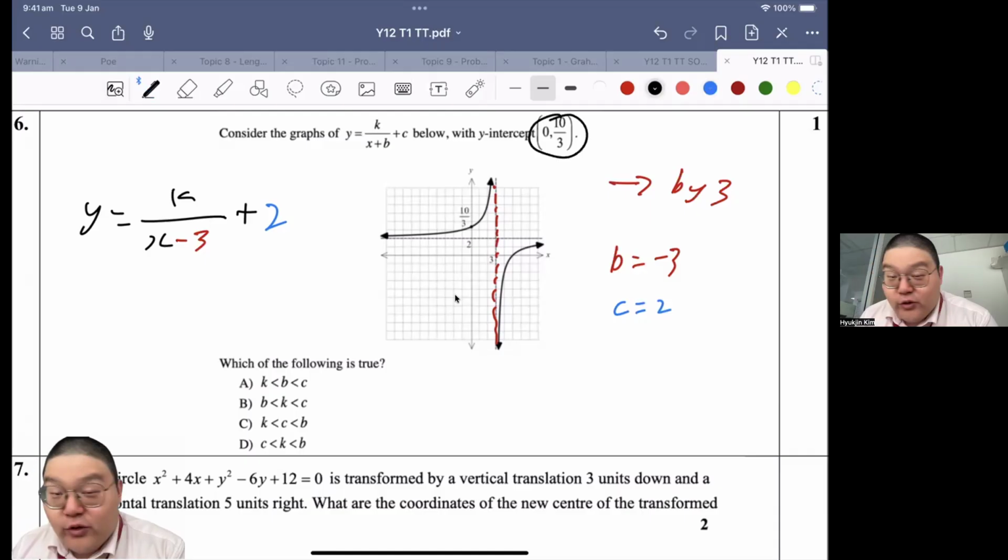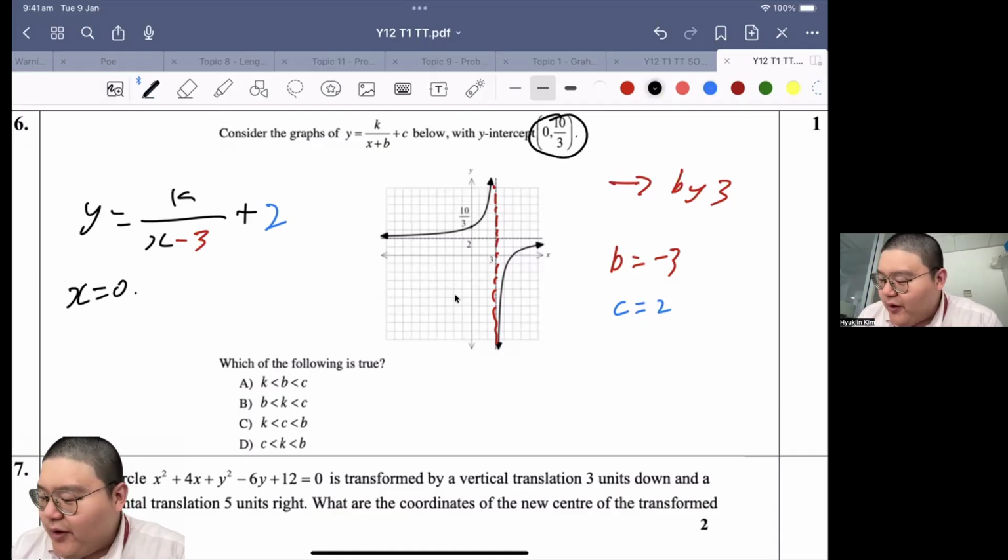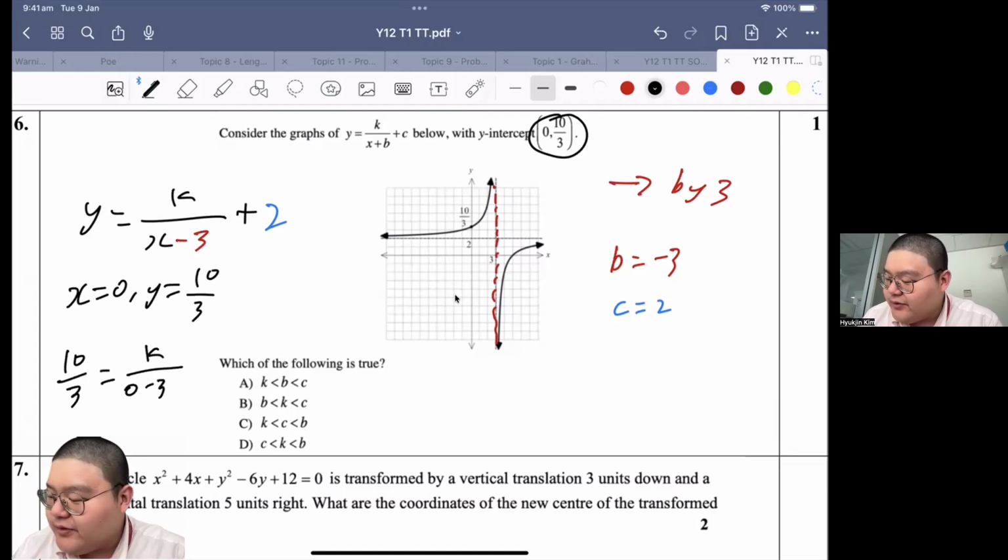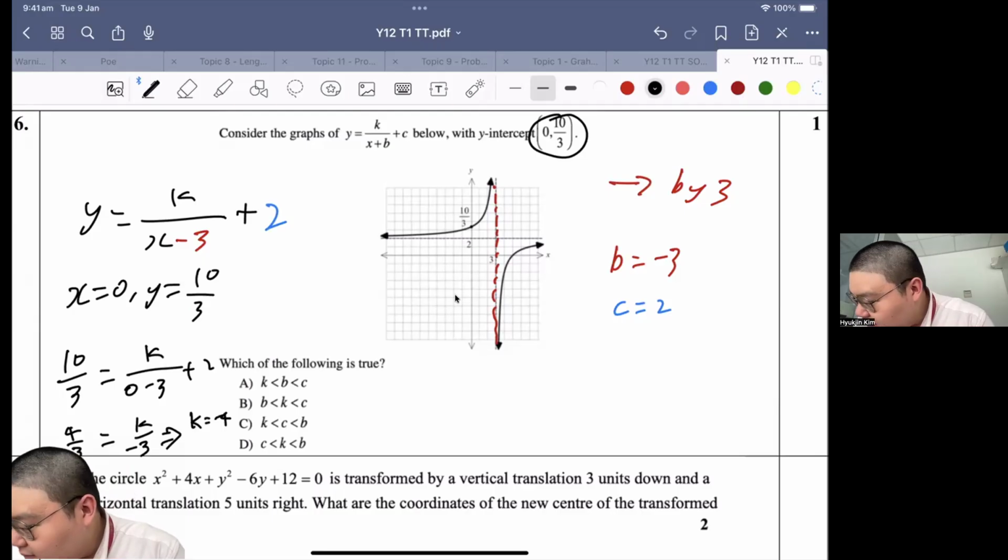I need to use the coordinates x equals 0 and y equals 10 over 3 to find my final value of k. 10 over 3 equals k over 0 minus 3 plus 2. That means it is 4 over 3 equals k over negative 3, which is k is negative 4.